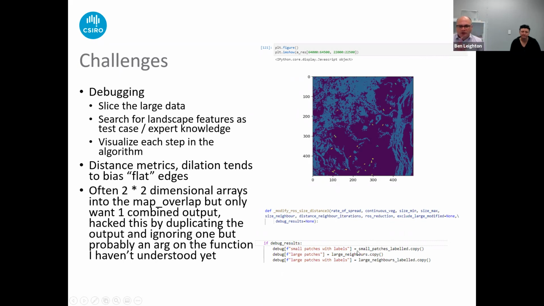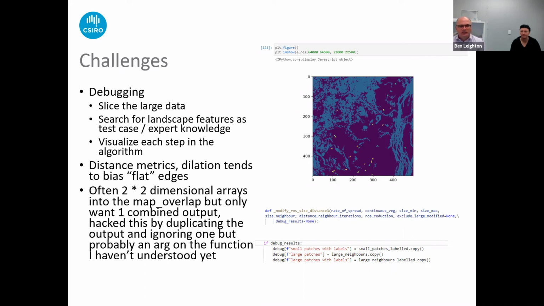That algorithm was quite complex, and there were bugs when it was initially implemented, quite a few, and it was necessary to visualize each thing and think about it carefully. So we did things like output the patches with labels so that we could ensure that we were identifying the right patches before we applied any rate of spread reductions to them.